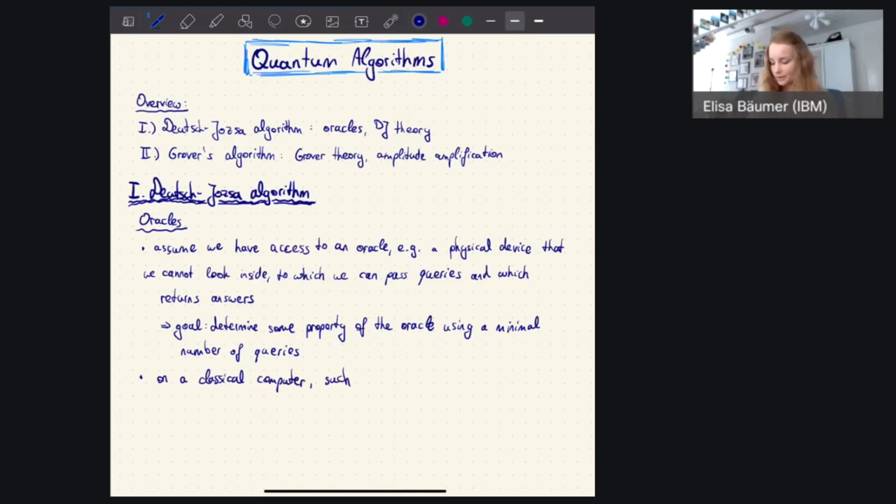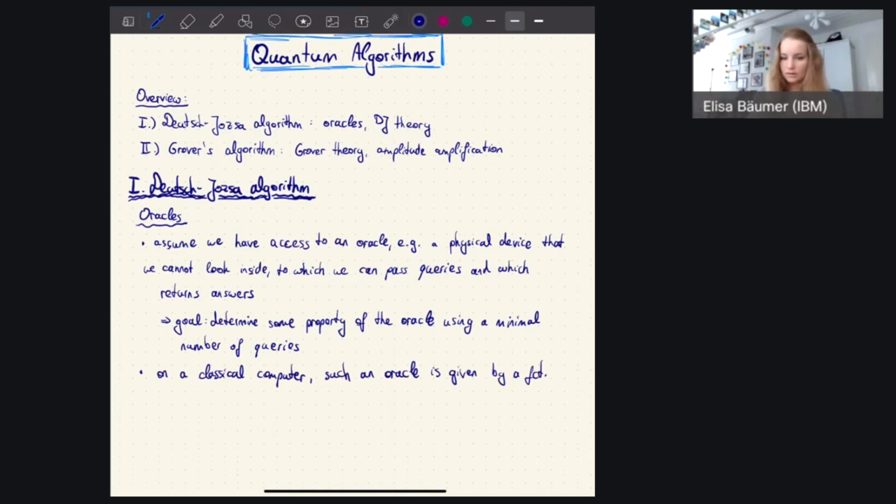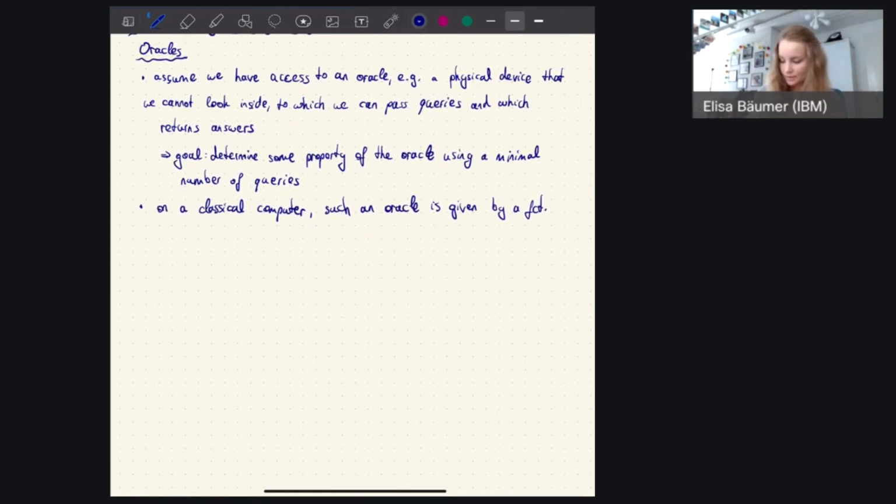But on a classical computer, such an oracle is given by a function f that has an input string consisting of n bits, and that outputs a bit string with m bits in general. On a quantum computer, however, the oracle must, like all the functions that we discussed yesterday, be reversible.